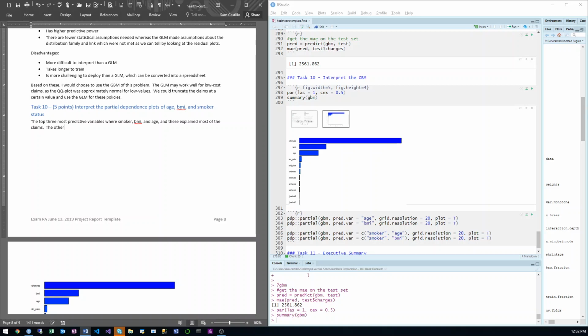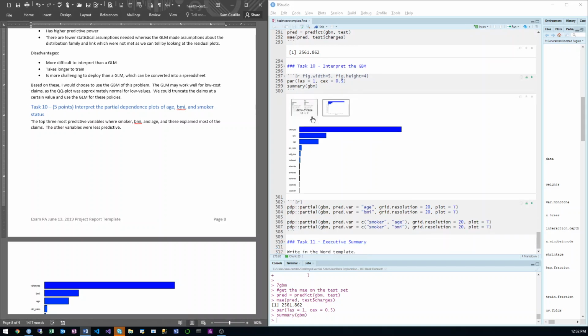The other variables were less predictive. And also the partial dependence.